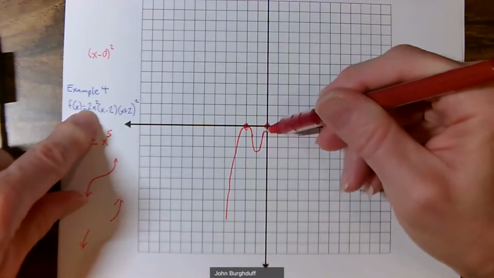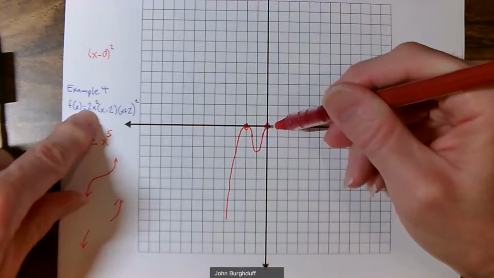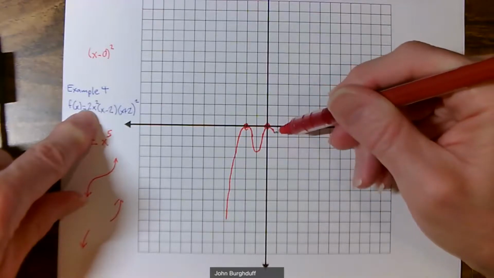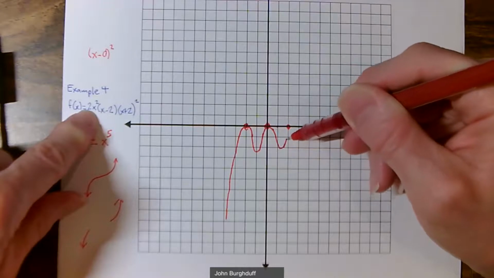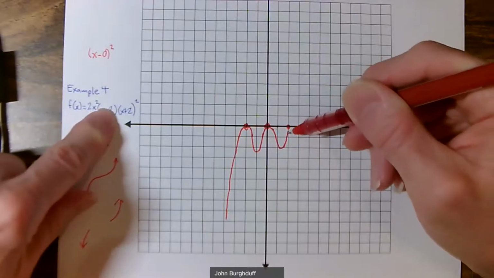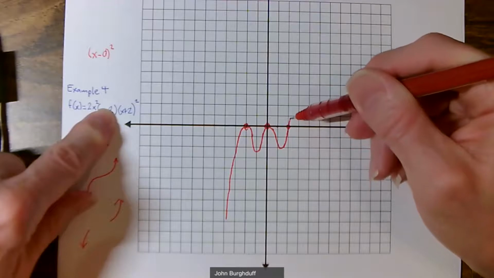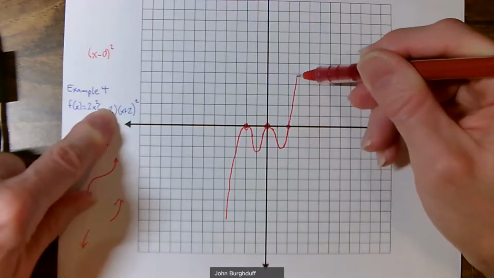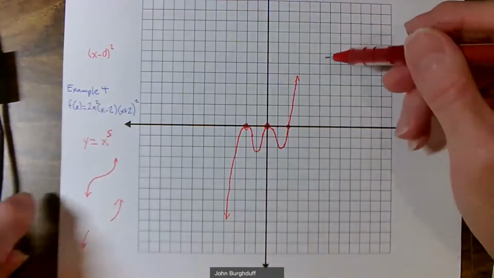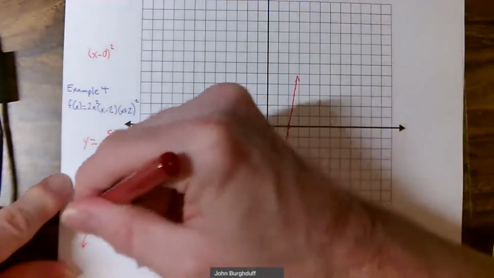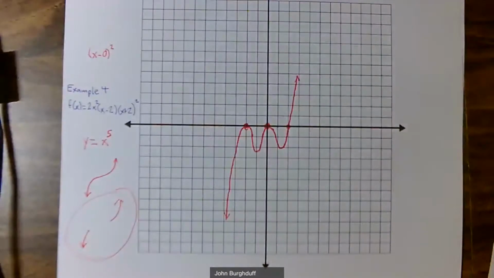This one again has even multiplicity, so I touch the graph. And I go back down, but not too far because I've got to come back up and hit this point. But at this point, with the odd multiplicity, I pass through the axis like a line, and I continue on to give me a rough shape that does correspond to the end behavior I was thinking about.